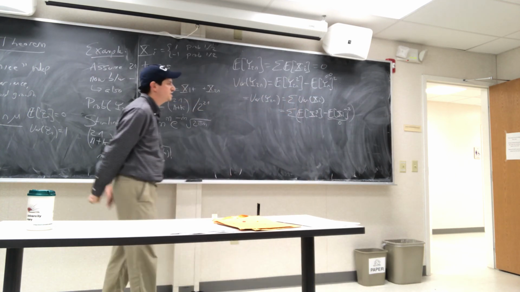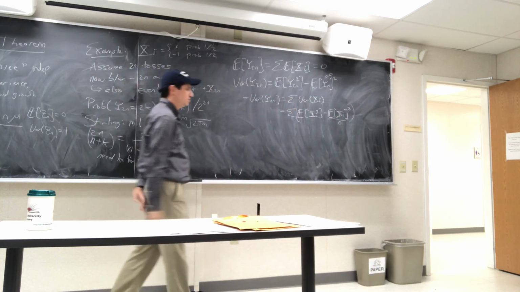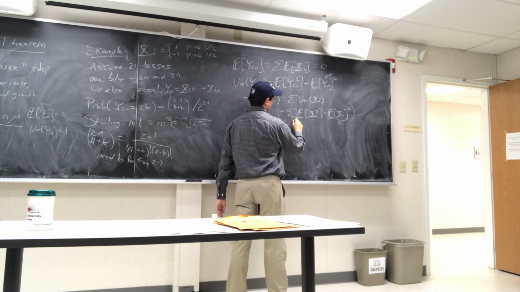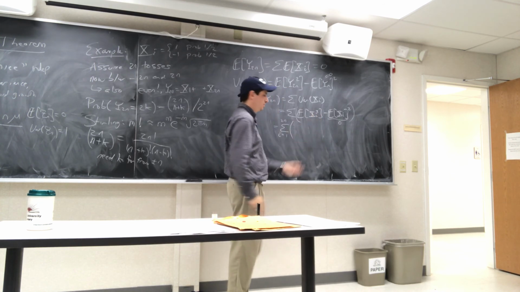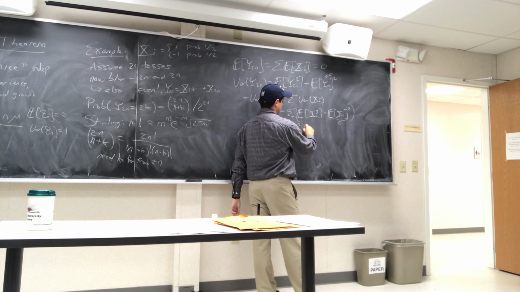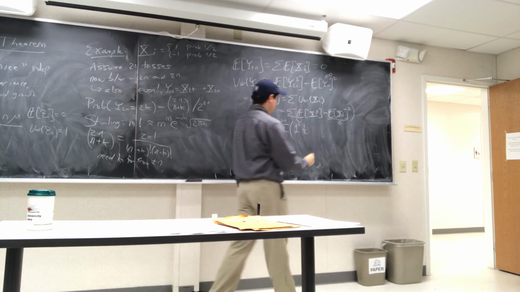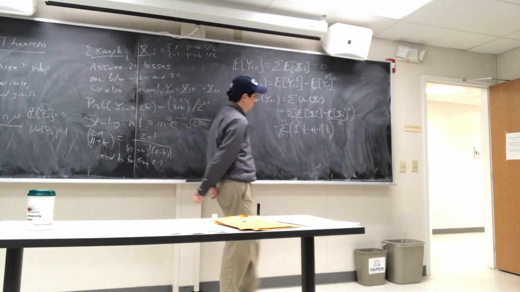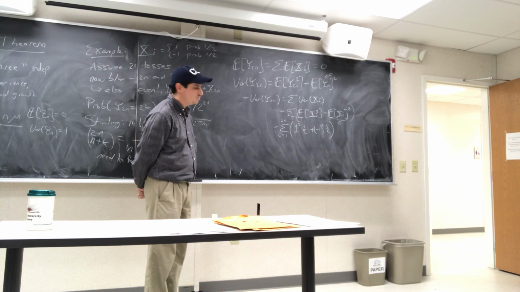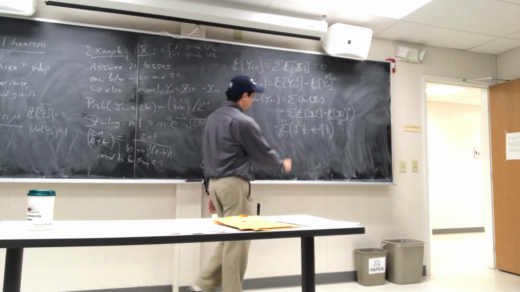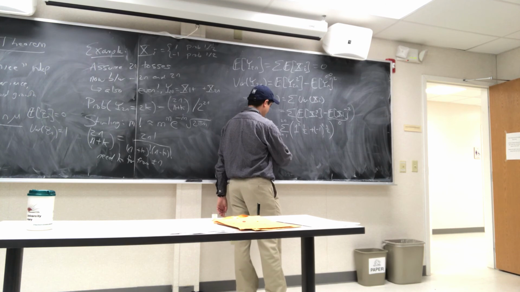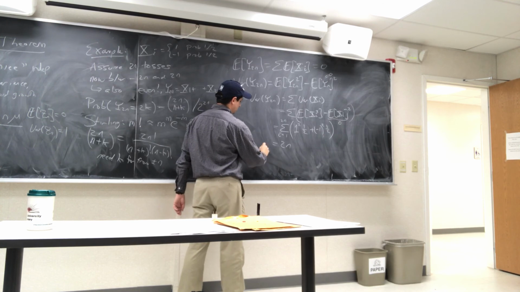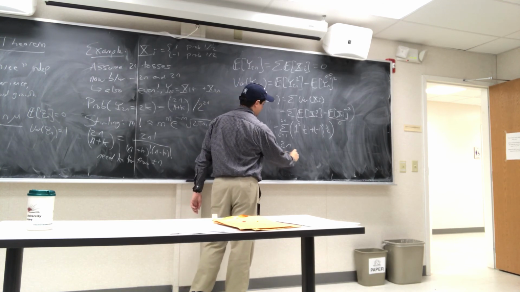So we just need to calculate the sum of the expected value of X_i squared. So this will be a sum, i goes from 1 to 2n. And now what's the expected value of X_i squared? We get a value of 1 squared with probability 1/2, and we get a value of negative 1 squared with probability 1/2. All right, 1 squared times 1/2 plus negative 1 squared times 1/2 is just 1. So we have a sum of 1, 2n times, it's just 2n. So we get the standard deviation of Y_2n is just the square root of 2n.